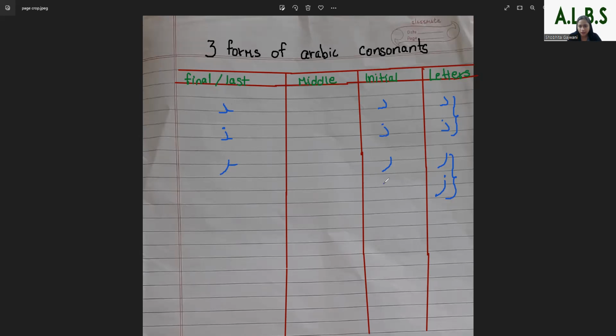And here in Za, the initial form will be the same, and in final it is the same as Ra, just we need to place a dot above the structure. And there are no middle forms of these letters.